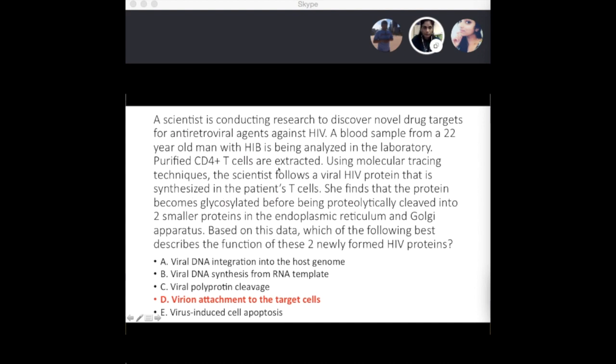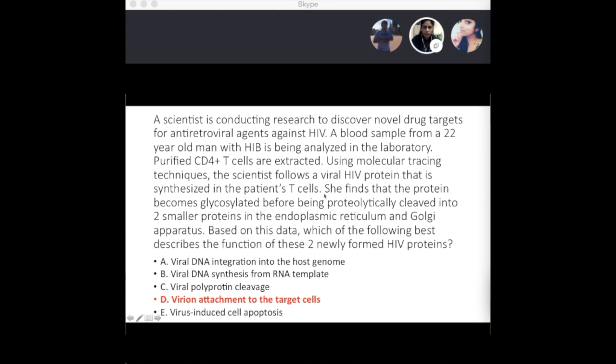So GP41 and 120 make 160. GP160 is cleaved within the endoplasmic reticulum, and it forms GP120 and 41. Then GP120 mediates viral attachment by binding to the CD4 receptor of susceptible cells, for further infection.